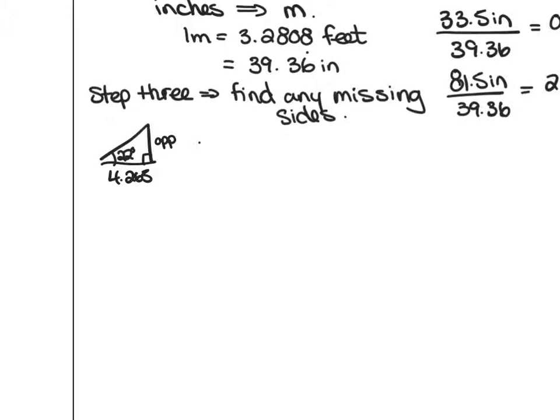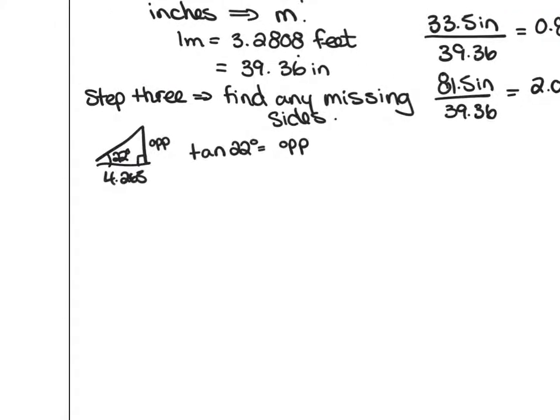So opposite and adjacent means I'm going to use the tan. So tan 22 equals opposite, which is what we're finding because we're trying to find the height of that roof, divided by 4.265. So we end up just moving that and multiplying. This should look familiar because we just did a unit on trigonometry.